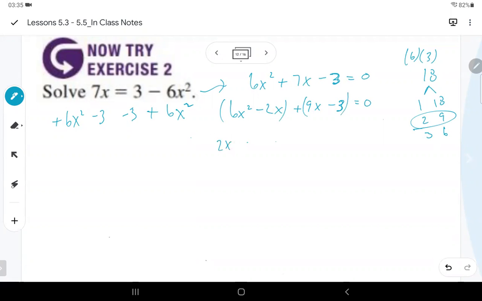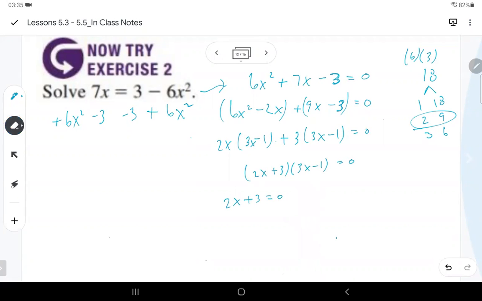So we're going to pull a 2x out and we'll have 3x minus 1, plus we're going to pull a 3 out and again 3x minus 1. So we're left with 2x plus 3 times 3x minus 1 equal to 0. We're going to split those and set them both equal to 0. I do not think I'm going to show you how to check this one, but if this was an exam question, you would have to check it.